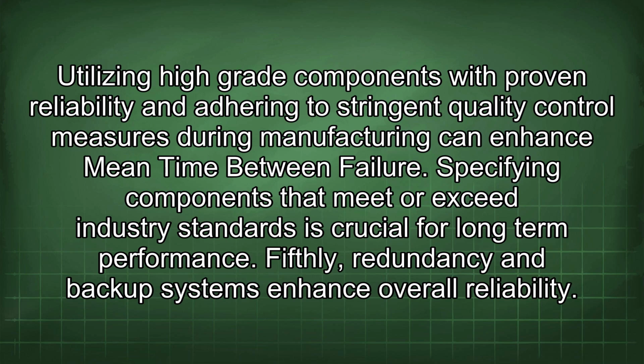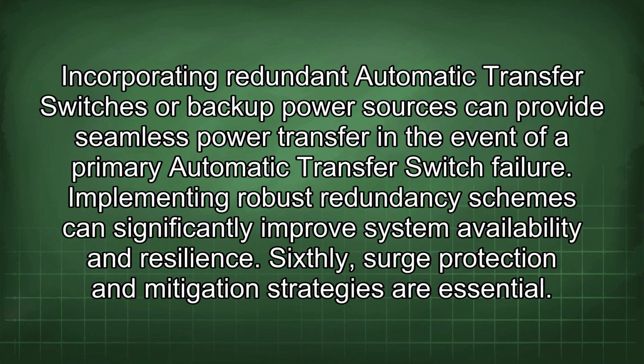Fifthly, redundancy and backup systems enhance overall reliability. Incorporating redundant automatic transfer switches or backup power sources can provide seamless power transfer in the event of a primary automatic transfer switch failure. Implementing robust redundancy schemes can significantly improve system availability and resilience.